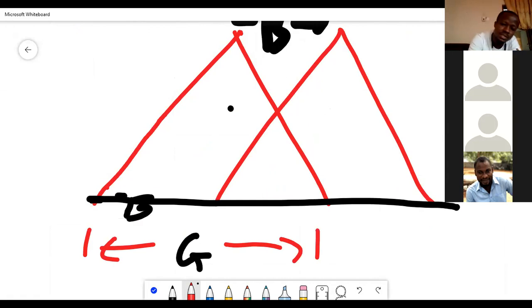So it means this distance is G minus B. So this relationship too should be taken into consideration. Remember that there's a percentage endlap.